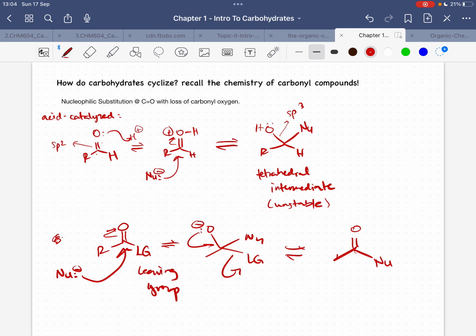Mo ni naka disadvantage sa tetrahedral intermediate kay it is too unstable. Okay? So pwede siya nga mag-kick out og leaving group if ever your substrate or starting material has a very good leaving group such as hydronium ion, oxonium ion, tapos chloride or chlorine atom, for example, or iodine. So, mao ni ang basic sa nucleophilic substitution at carbonyl atom.